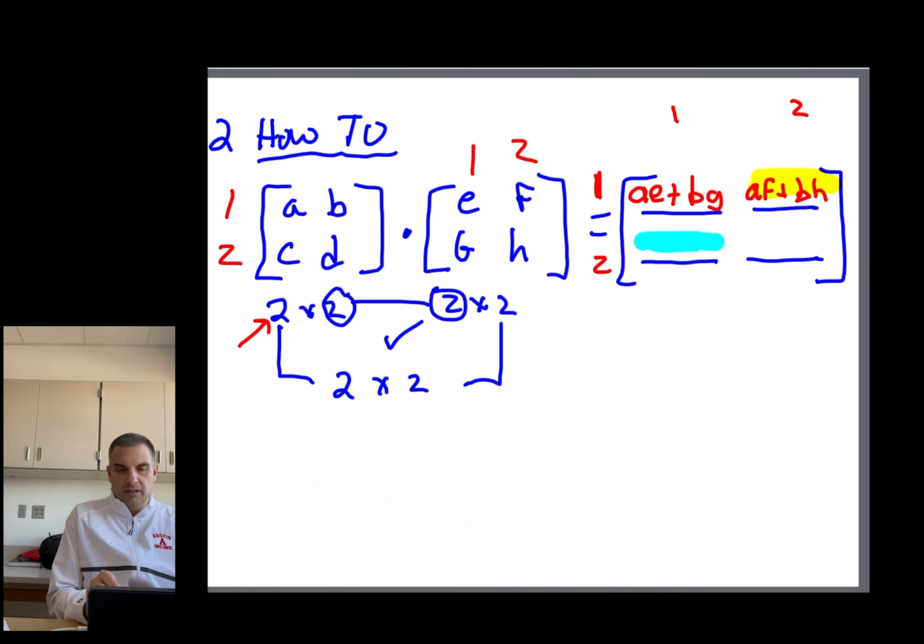What's down here? Well, I look at it and I'm going to go row 2, column 1. So row 2, column 1. That's C times E plus D times G. What's going to go in the last spot? Row 2, column 2. C times F, plus D times H.